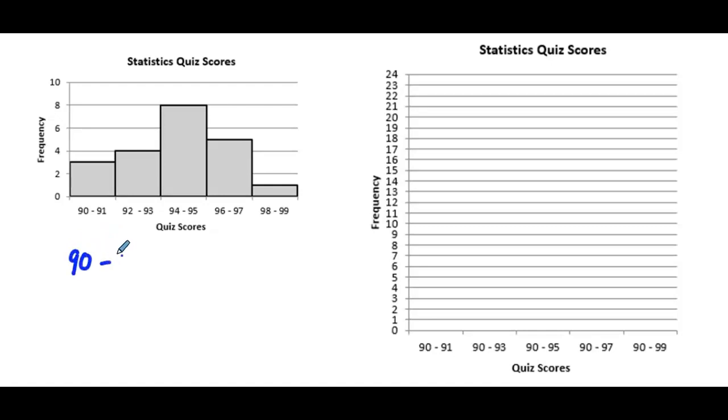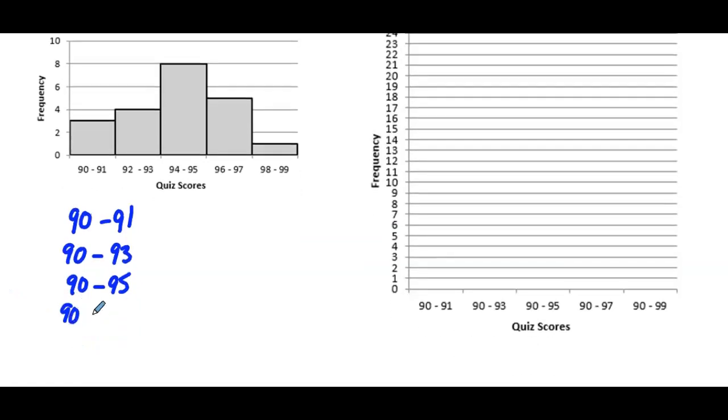So our first range was 90 to 91, and then cumulative frequency. So then our next range is going to be 90 to 93, and then 90 to 95, after that 90 to 97, and then 90 to 99. So we're accumulating data as we go.